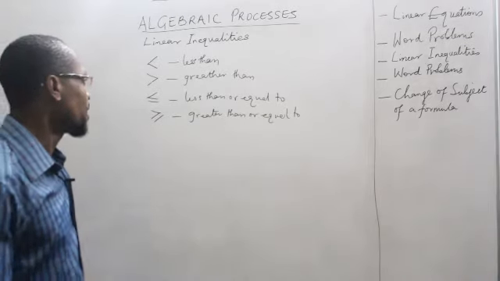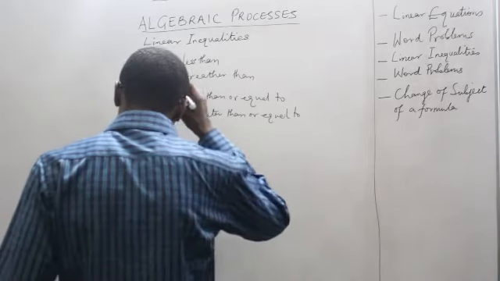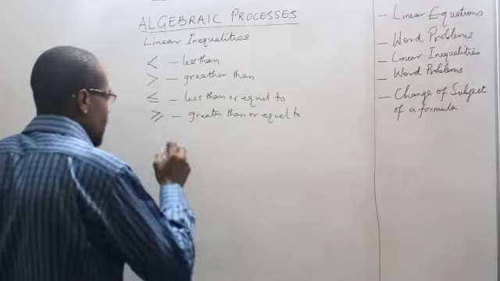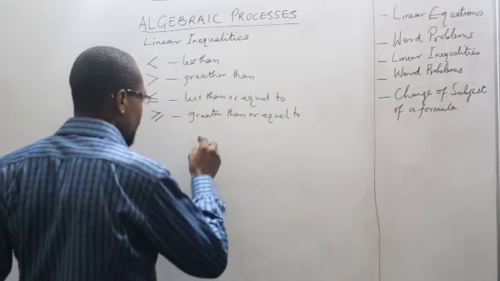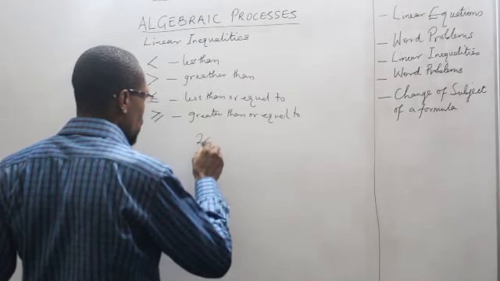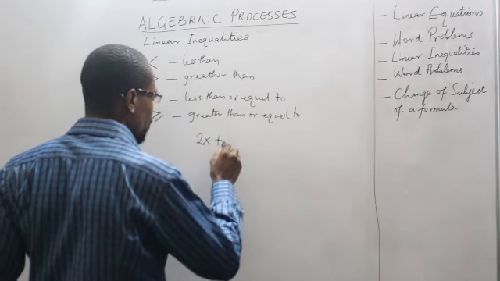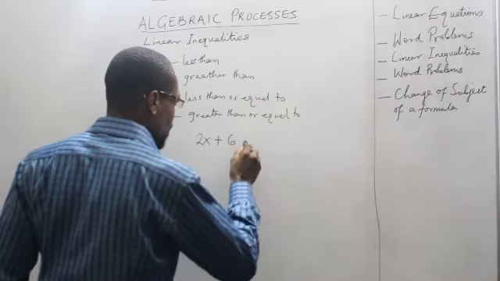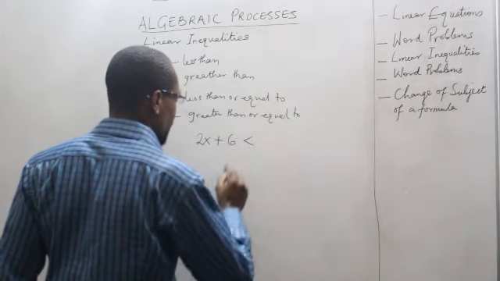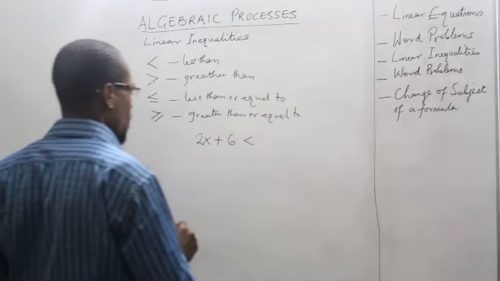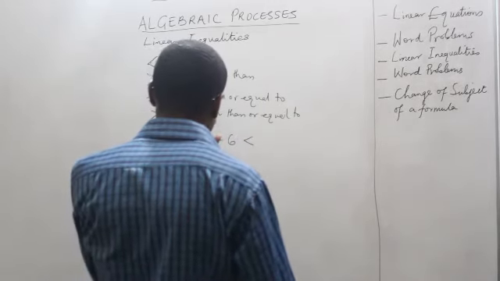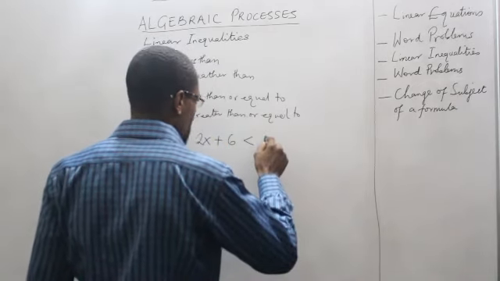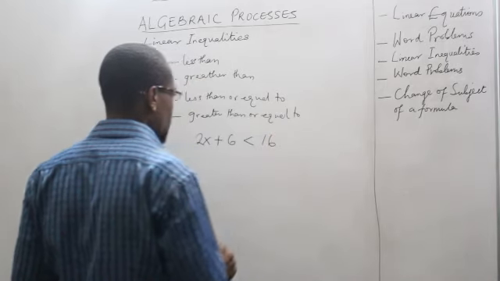So for instance, when we had that equation that said 2x plus 6 equal to 16, now we can simply say, okay, 2x plus 6 less than 16.